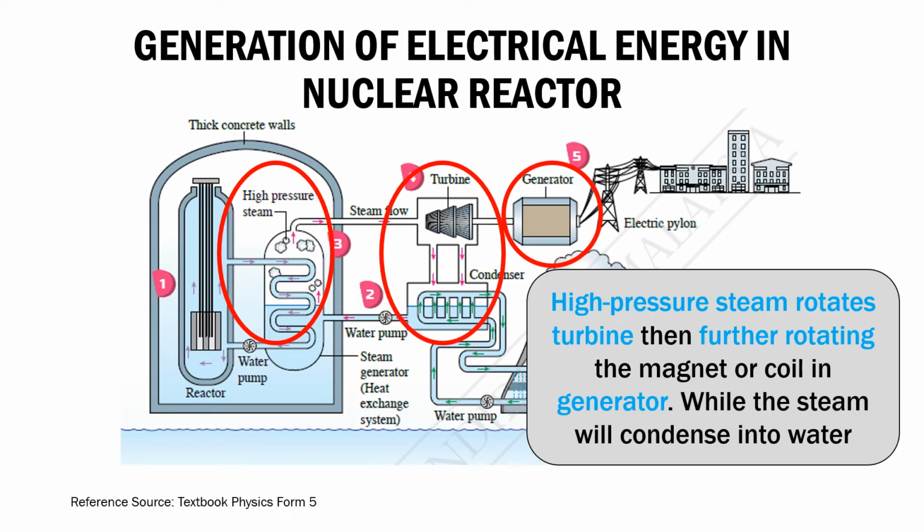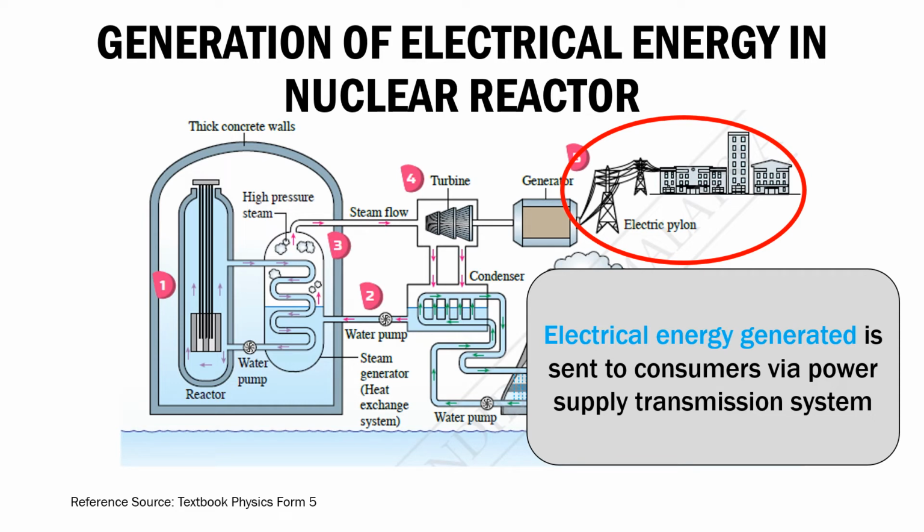When the high-pressure steam is being channeled into the turbine, it will rotate the turbine and further rotate the magnet or coil in the generator. The steam will condense back into water and flow into the condenser.